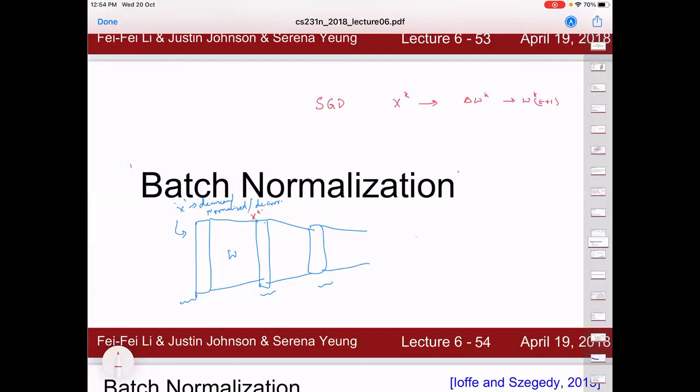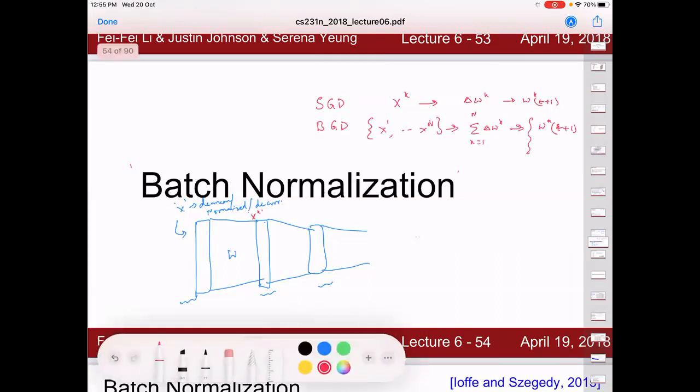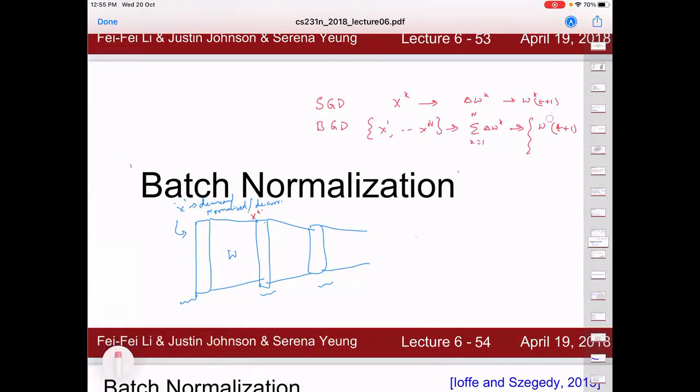This is stochastic gradient descent. The other one is batch gradient descent, where we give all the samples x1 to xn together, calculate the summation of all delta wk's, k varying from 1 to n samples, and update all w's only once. So this is not with respect to a sample, but with respect to all samples, and we update w only once.